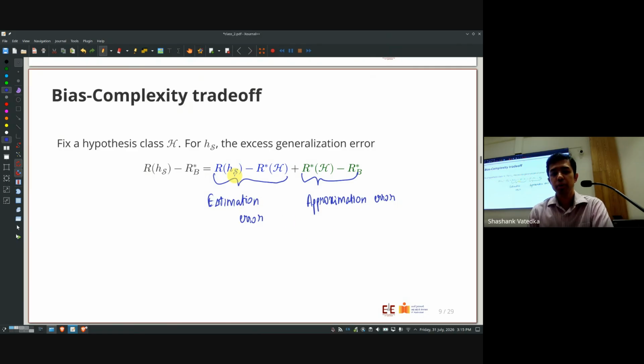If you think about it, you've already fixed the hypothesis class, and it tells you how you are relative to the best H within your hypothesis class. Now, this quantity could be large if your data set is not representative enough, or you chose a bad learning algorithm. So both of these can lead to this estimation error being large.